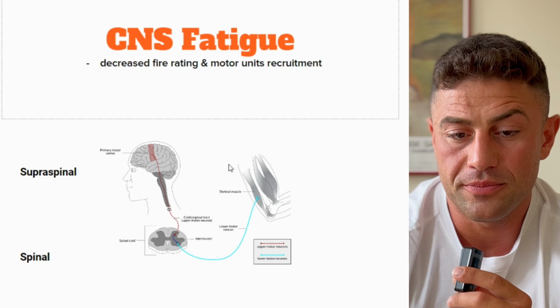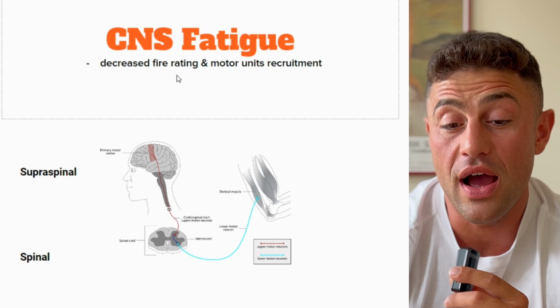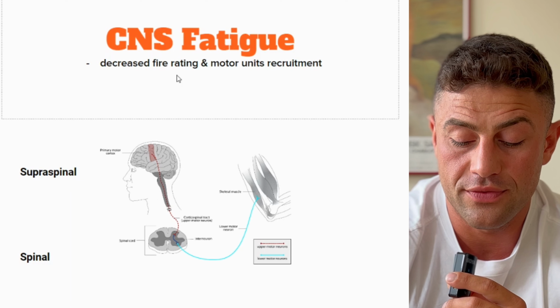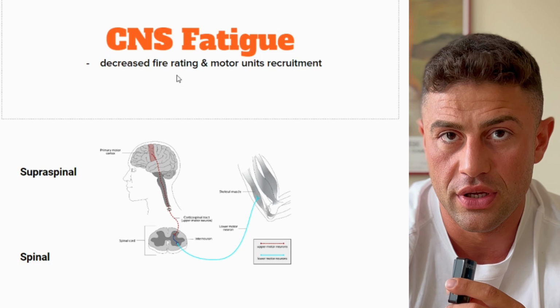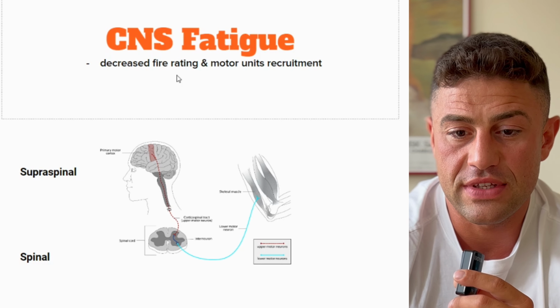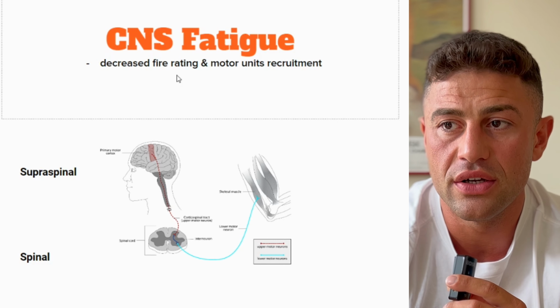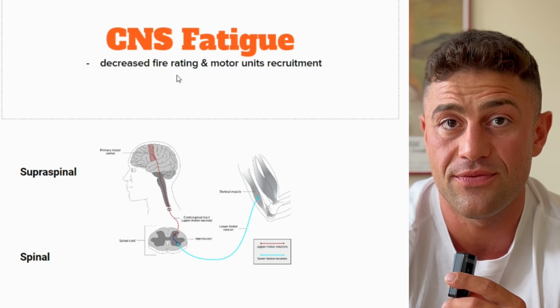CNS fatigue is highly misunderstood, because a lot of powerlifters especially call CNS fatigue the same as systemic fatigue, and systemic fatigue is actually related to cardiovascular system fatigue.